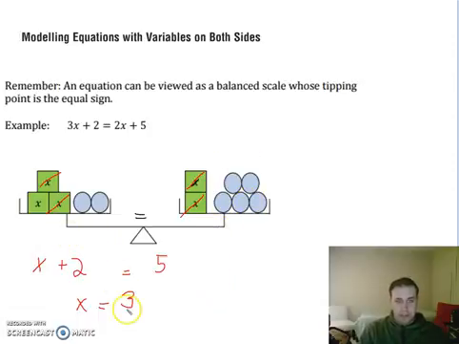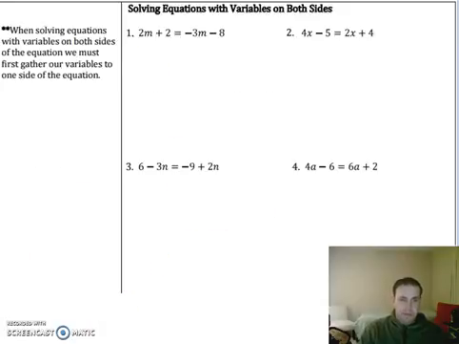Okay, so using this picture, using the scale, you can solve a model of a linear equation where variables, x and x, are on the left side and on the right side. So that's how we can solve using pictorial option. Now, solving equations with variables on both sides symbolically is done very similarly.